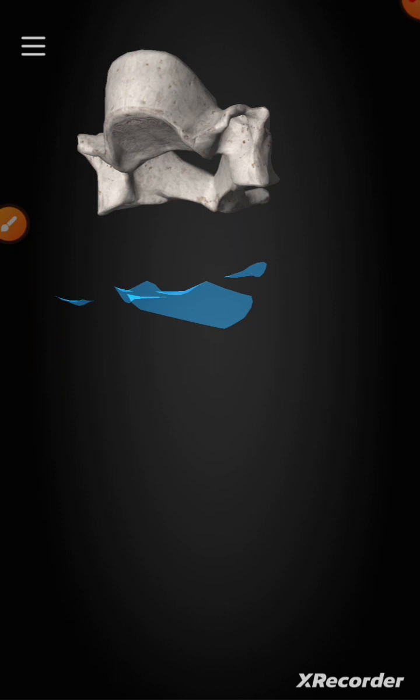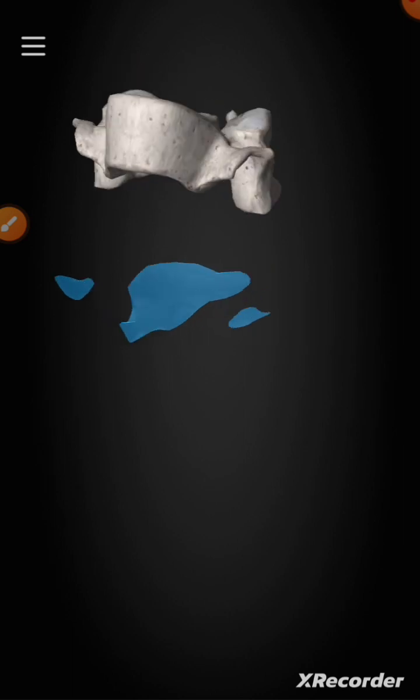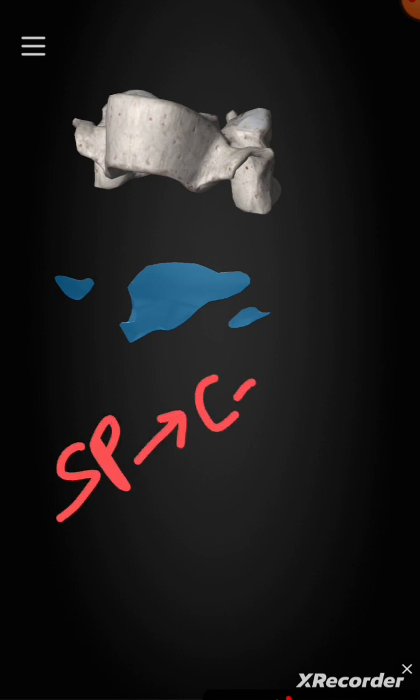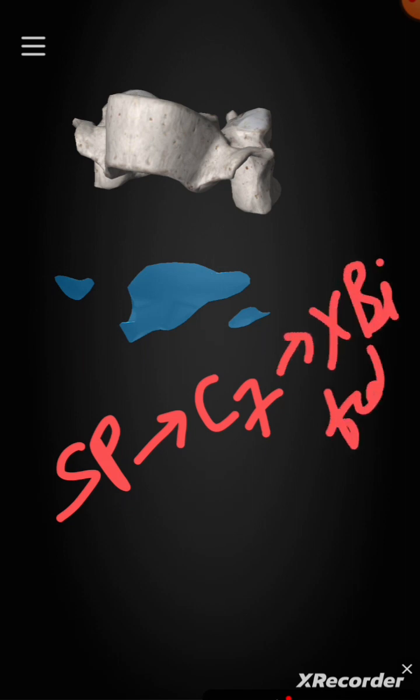Its tip can be felt through the skin at the lower end of the nuchal furrow. I told you this already in the last video. The spine is thick, long and horizontal and not bifid, and has a tubercle at the end. This is important: the spinous process of C7 is not bifid. Keep this in mind.